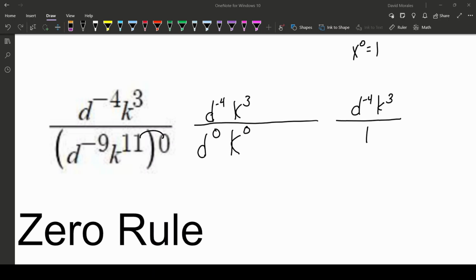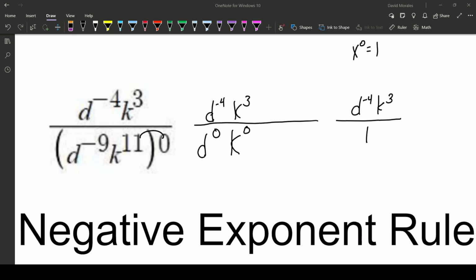And then last, I have to do the negative exponent rule. Okay? So, again, if I have a negative exponent, it will be positive on the bottom. So what are my negative exponents? Well, just d. Okay? So this d is going to end up going to the bottom here.